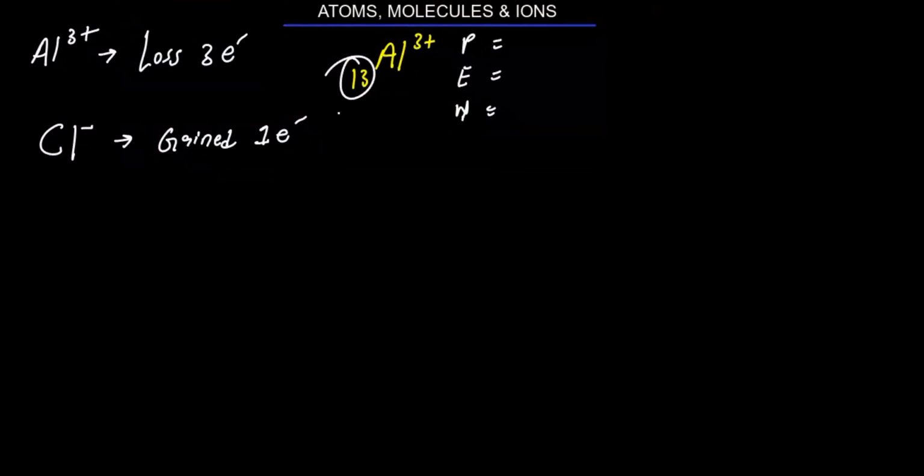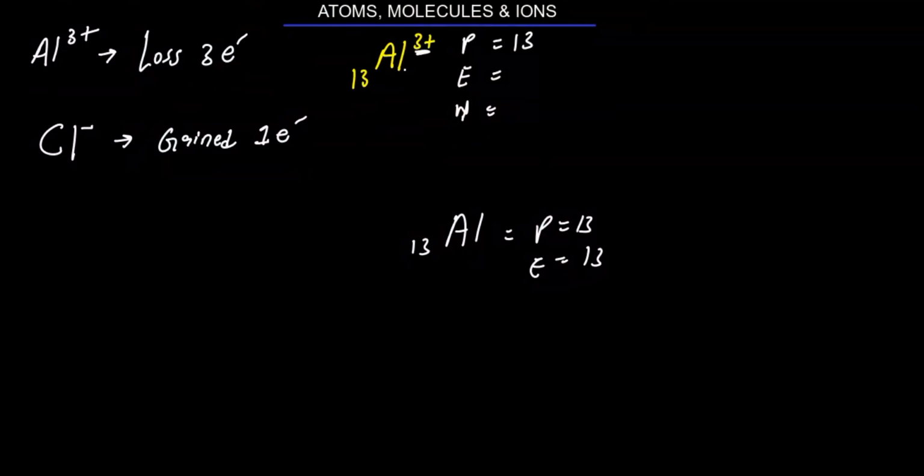Here I have the atomic number to be 13, which is the same thing as the number of protons, so I'll have 13. And what will be the number of electrons? Take note: if I just have a neutral atom, the number of protons and the number of electrons are equal. Proton is 13, electron is 13 in this scenario. But here, 3+ shows that it's losing 3 electrons. So you are going to have 13 minus 3, and that will give me 10 electrons.